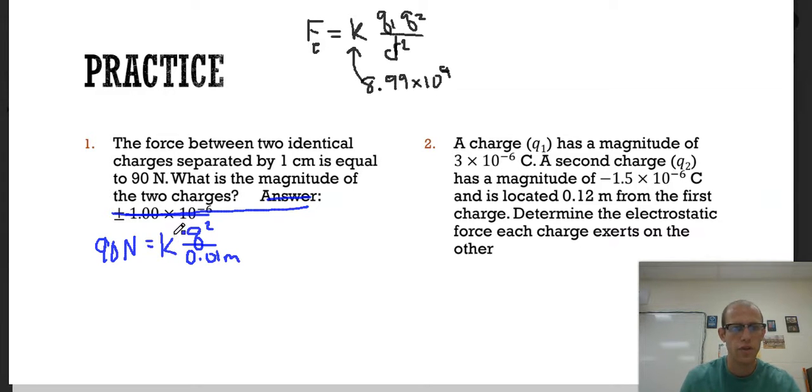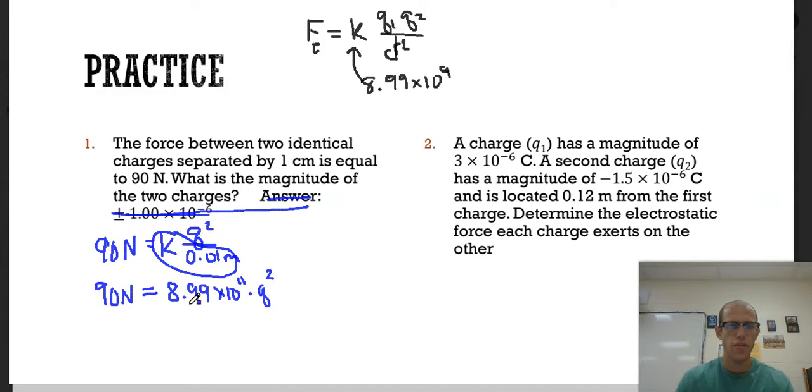What I'm going to do is multiply these two together. Sorry, I lied. This is in the numerator. This is in the denominator. So I will divide K by 0.01. That will give me 8.99 times 10 to the 11th power. At this point, I'll divide this to the left side, so I just have Q squared by itself. That will give me 1.001 times 10 to the negative 10th approximately. And then lastly, I will square root to get Q by itself.